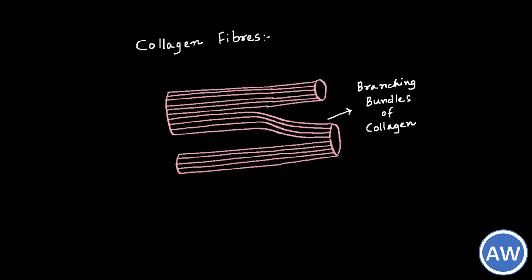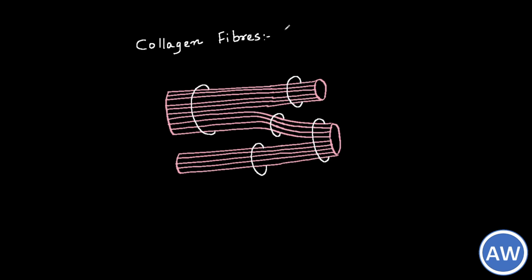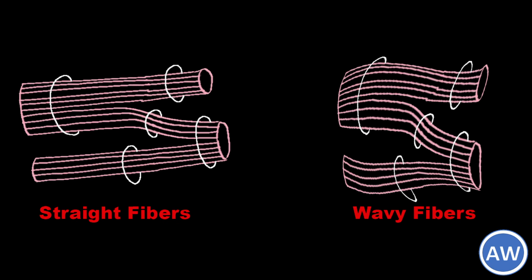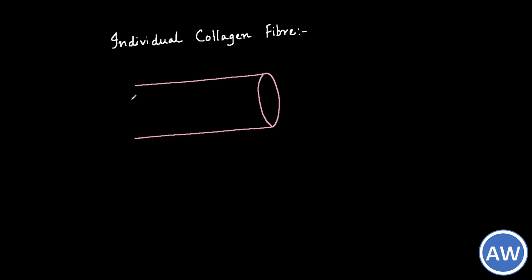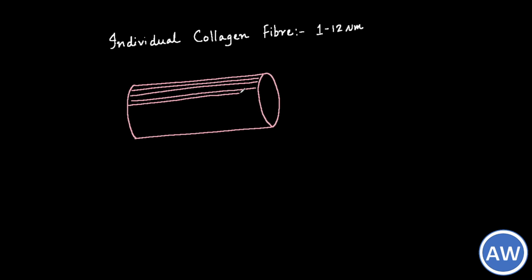These bundles of collagen fibers can resist considerable tensile force, that is stretching, without significant increase in their length, but at the same time they are pliable and can bend very easily. These bundles can be straight or wavy depending upon how much they are stretched. The bundles are made up of a collection of individual collagen fibers which are about 1 to 12 micrometer in diameter.